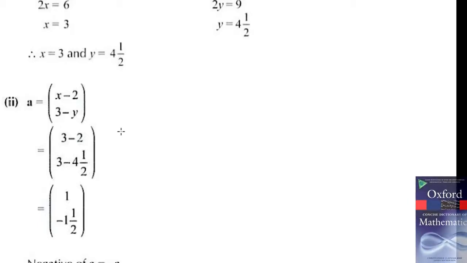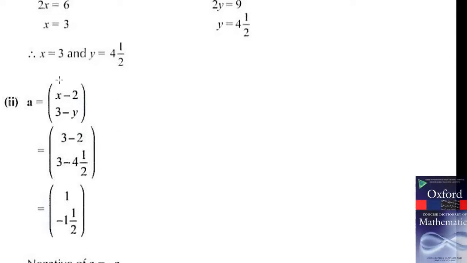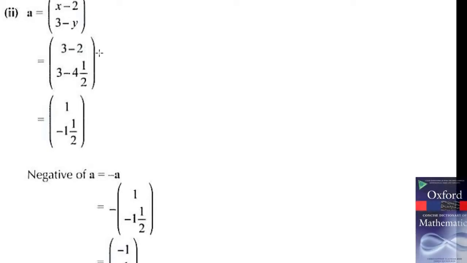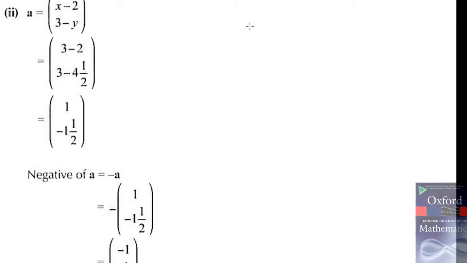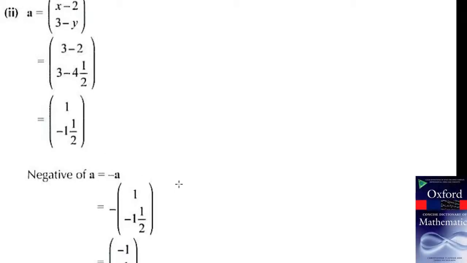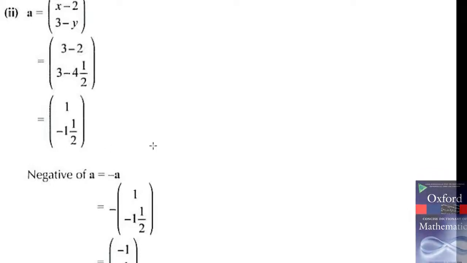Because we can find vector A without x and y, we can find the magnitude of vector A and vector B very easily. So first we put the values of x and y that we found. The value is vector (1, minus 1 and 1/2). Now we find the negative of vector A: 1 becomes negative and minus 1 and 1/2 becomes positive.